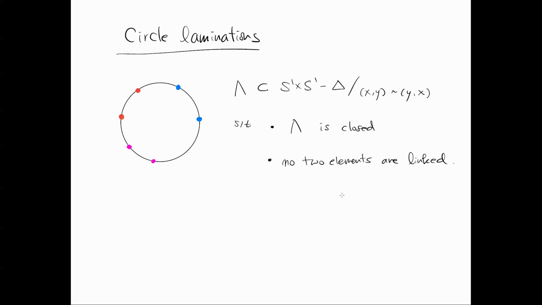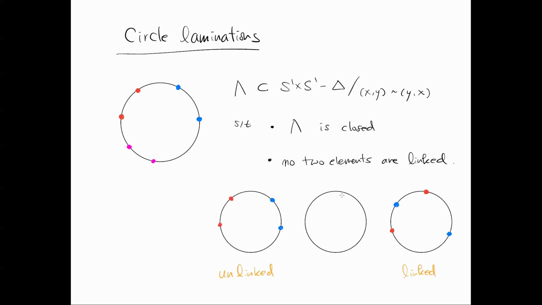So this is an example. The red pair, the blue pair, and the pink pair form a circle lamination. And what do I mean by linked? If your pair is linked as in this picture, so if you identify your circle with the boundary of an open disk, you can draw chords, and if they intersect in the interior, then we call it a linked pair.